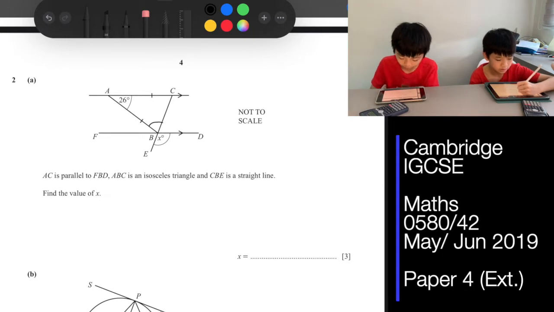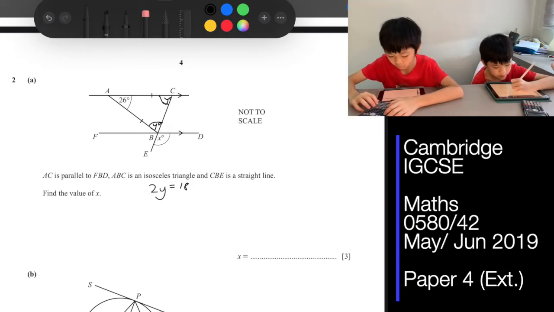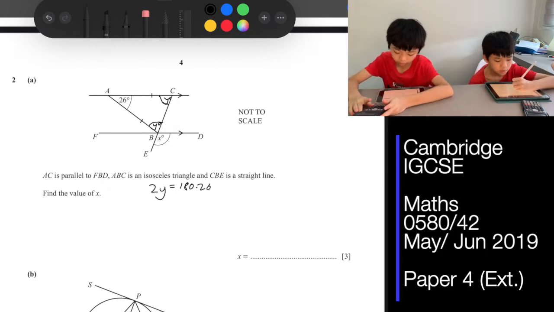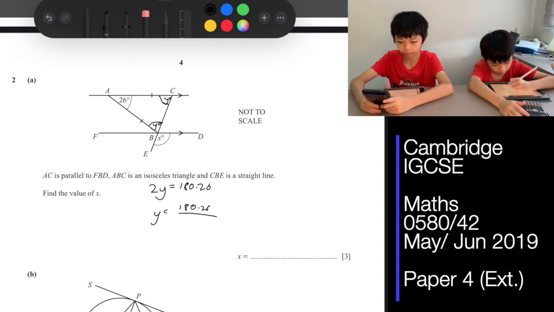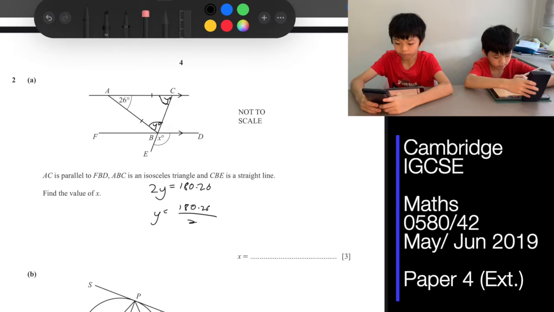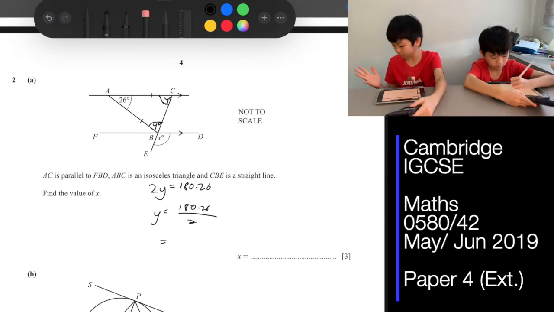So let's name this angle y, and this angle must also be y. So 2y is equal to 180 minus 26. Y equals 180 minus 26 over 2, which is 77.